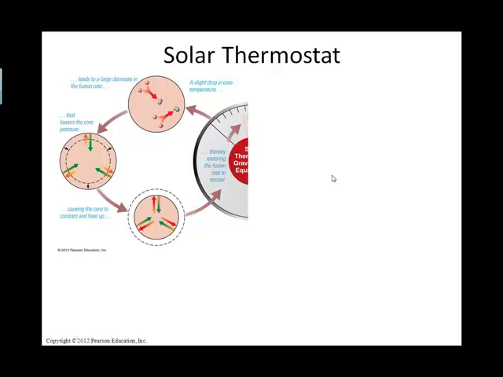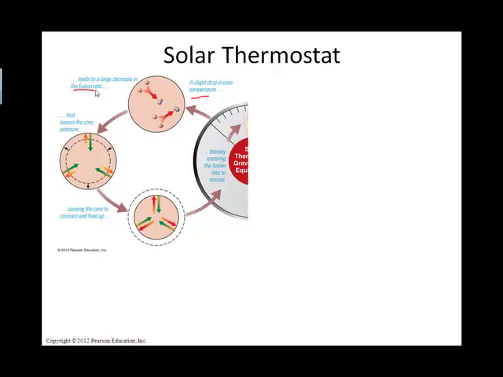So this is a cool thing. I'll talk you through this. You see the arrow. If we have a slight drop in the core temperature, the fusion rate will decrease.